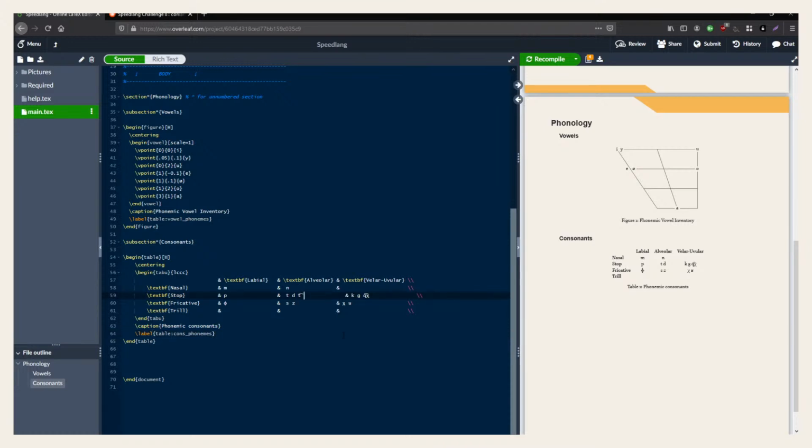Actually, I'm going to do this. Okay. And this. There we go. That should put us in a good spot. We don't have trios, but that's fine. I'm just going to delete that.